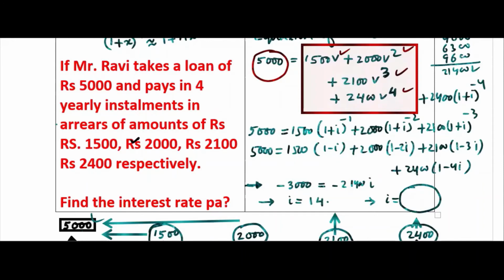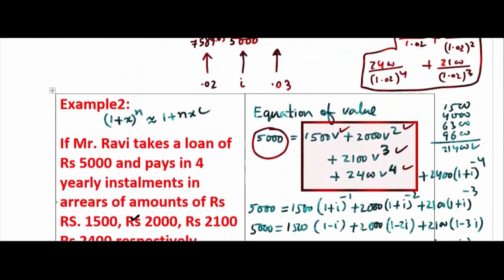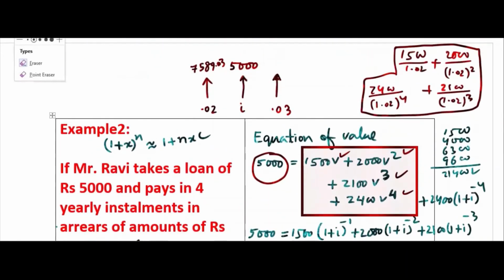Remember, 14.01%. That means we have to try it at 15%. You now find this one at 15%.